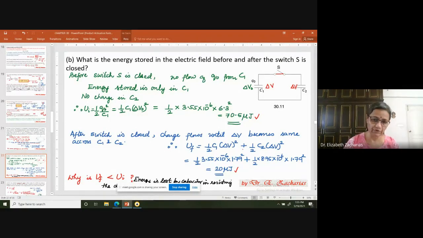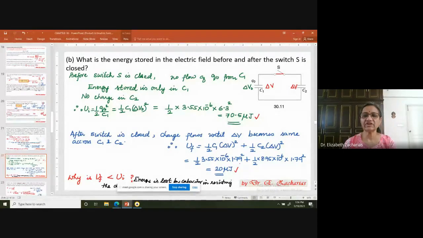This is very simple. Now, how many of you have noticed that the initial energy in capacitor C1 is large when compared to the total energy in the two after they are connected? Can you see that? 70.5 microjoule is the energy in C1 before it was connected.